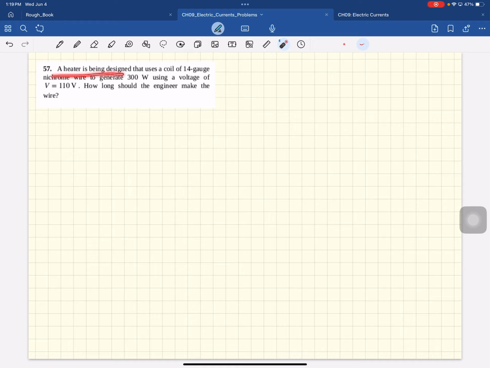A heater is being designed that uses a coil of 14 gauge nichrome wire to generate 300 watts using a voltage of 110 volts. How long should the engineer make the wire? Okay, so look up the diameter of the 14 gauge wire.